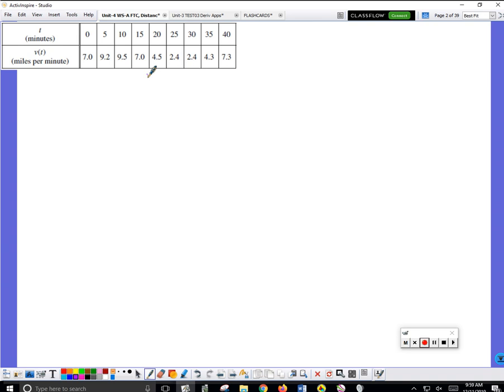If that's true, then all of you should be able to tell me what is the displacement of the plane, like how different the plane's starting position is from its final position for the time period 0 to 5 minutes. Work together, raise your hand when you have it.